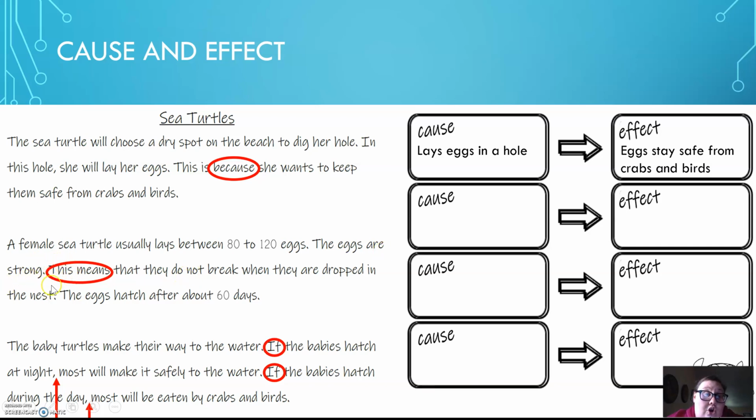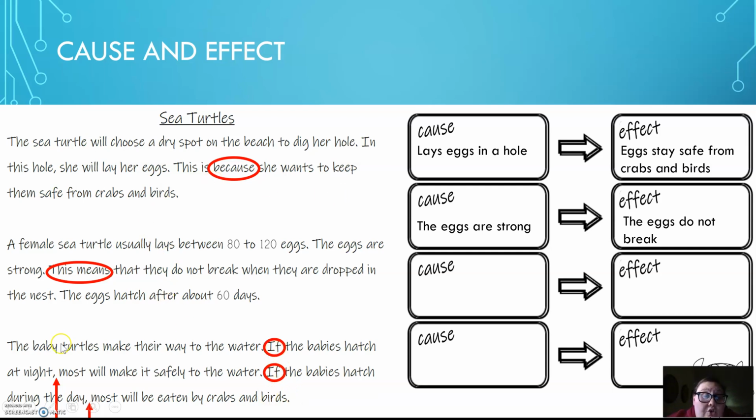So the eggs are strong. This means. So rather than just saying the eggs are strong so that they do not break when they are dropped, they separated it out. But it's essentially the same thing. This is referring to the eggs being strong. So the cause, the eggs are strong, leads to the effect, the eggs do not break.